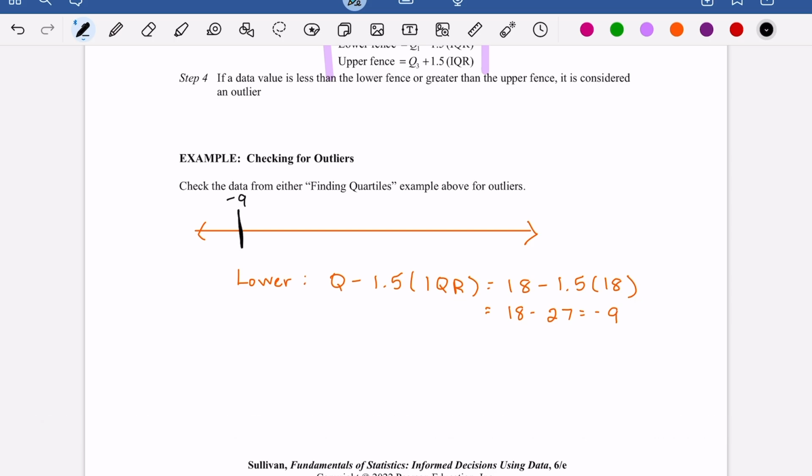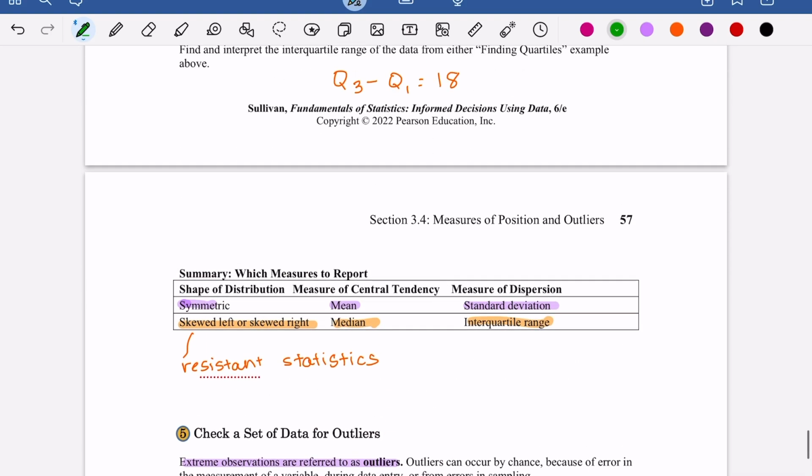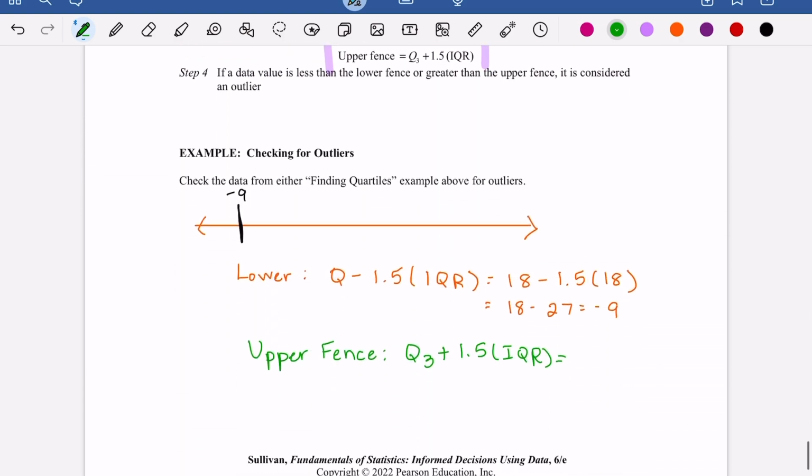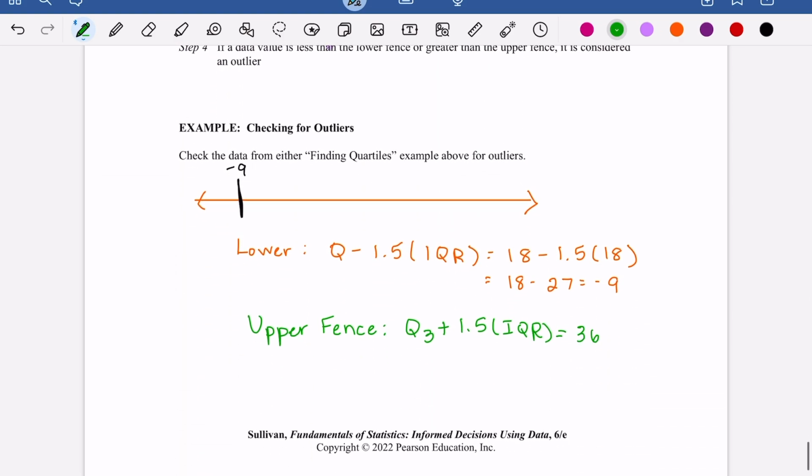Next, we find our upper fence. That is your upper quartile plus, this time, 1.5 times the interquartile range. Our upper quartile was 36 plus 1.5 times the interquartile range, which is 18. That gives me 36 plus 27, which is 63. So my upper fence is at 63.